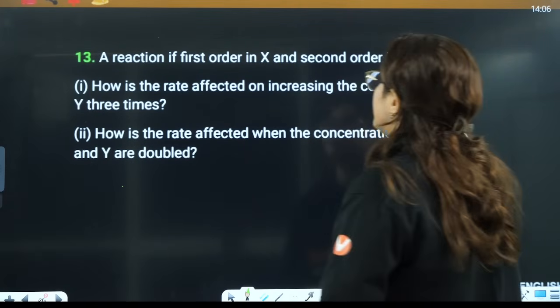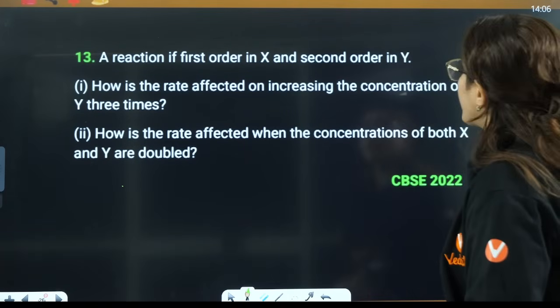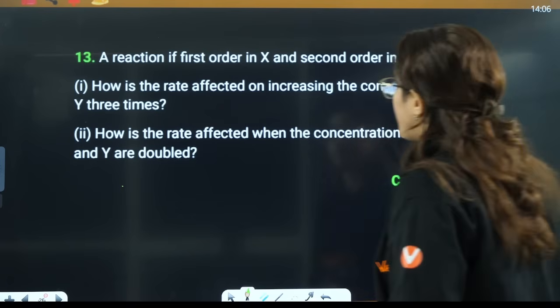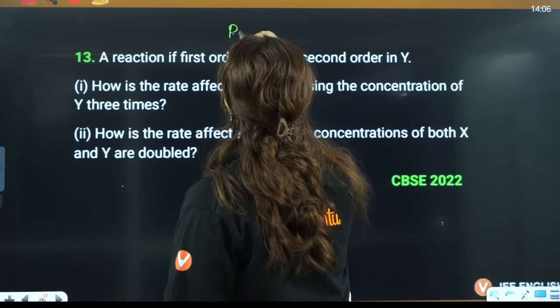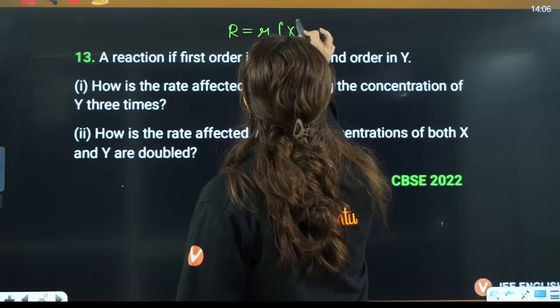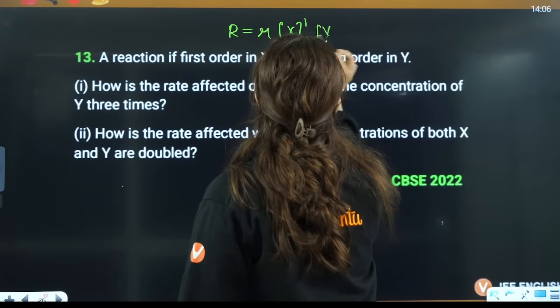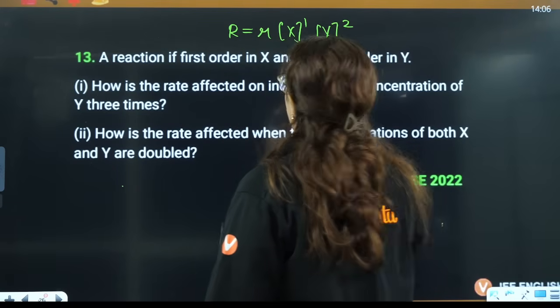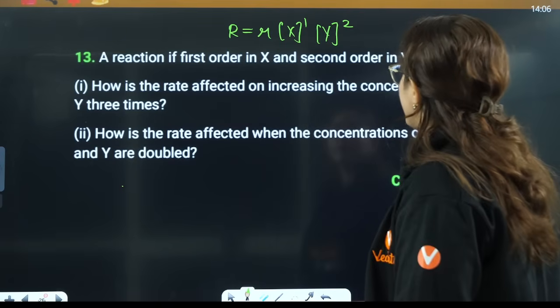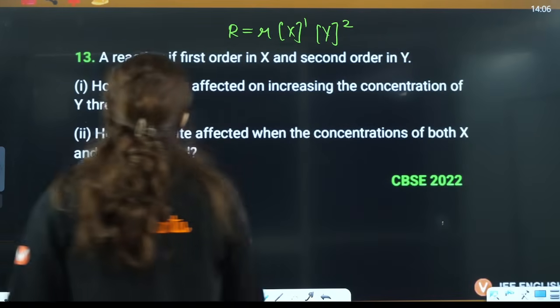Now they are saying a reaction, if the first order is X and second order is Y, okay, but there is some reaction where it is first order in X and second order in Y. What is the rate effect of increasing the concentration of Y 3 times?